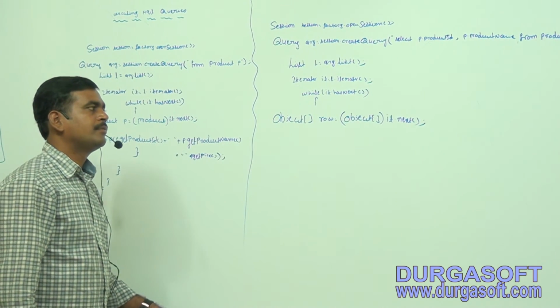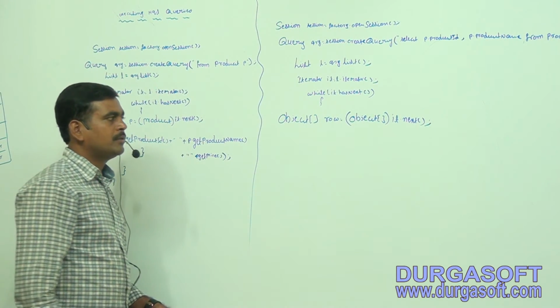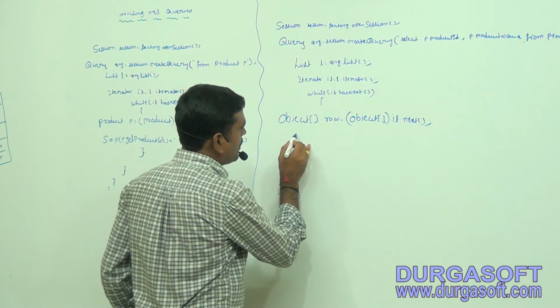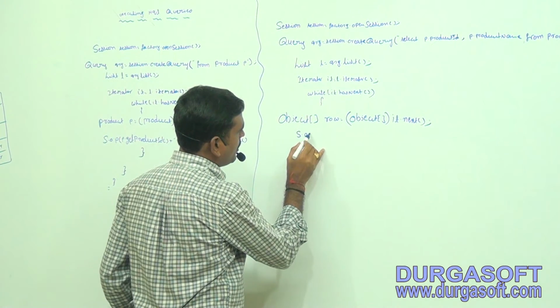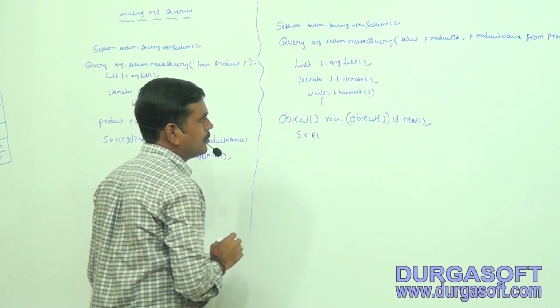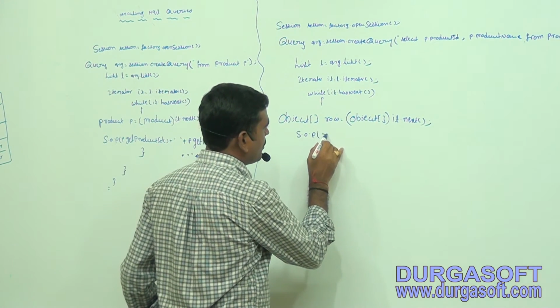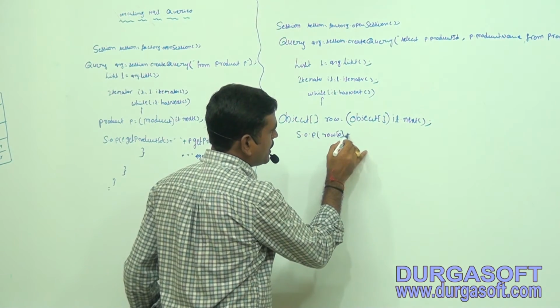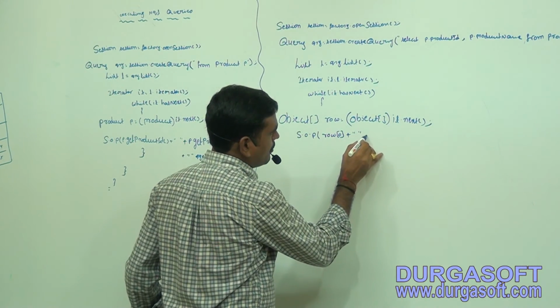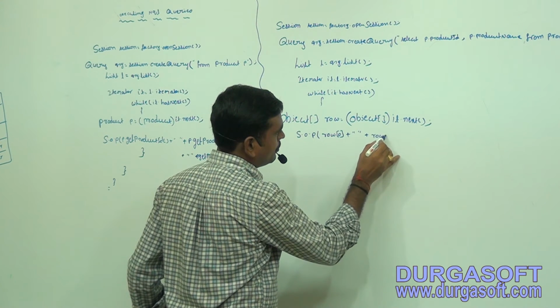Then next what we have to do, System.out.println(row[0] + row[1]).